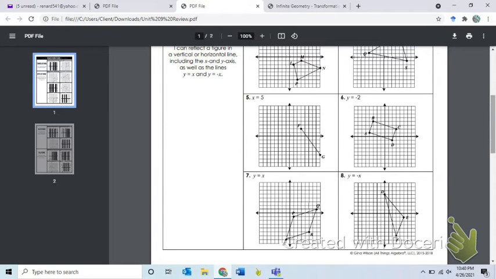Next, I'm going to look at number 5. When you have a line like x equals 5, it's this line right here. Count over 5. 1, 2, 3, 4, 5.